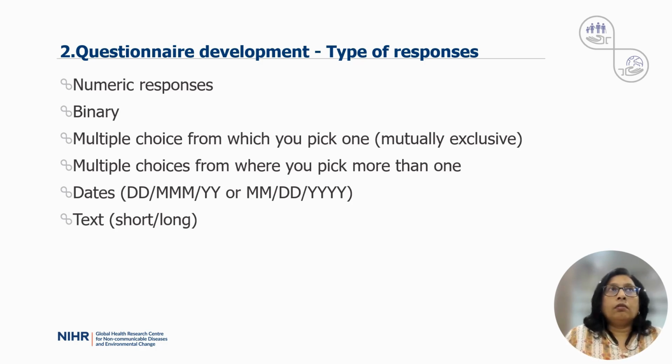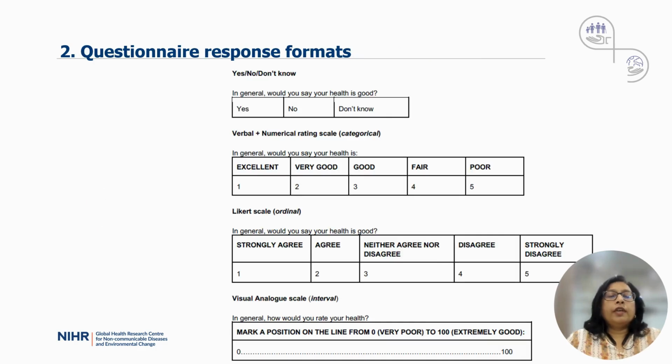Or what were the events just before death, like in a verbal autopsy, or a small brief description which you're asking. So the type of responses should be very clear. There should be no ambiguity about what you have in your mind, and it should be put in the document, in the form.